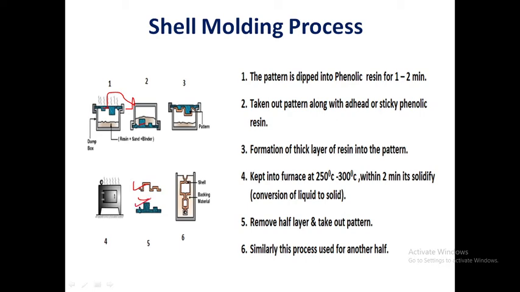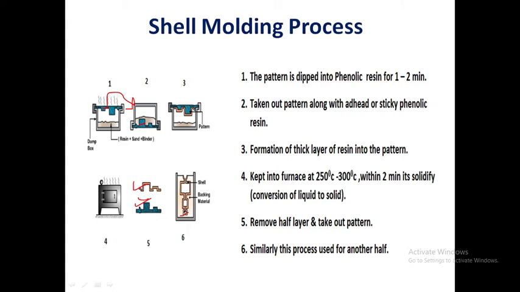In this way, two or more shells are combined via clamping by using a thermoset adhesive to form a mold. This finished mold can then be used immediately or stored almost indefinitely. For casting, the shell mold is placed inside a flask and surrounded with sand or gravel to reinforce the shell.